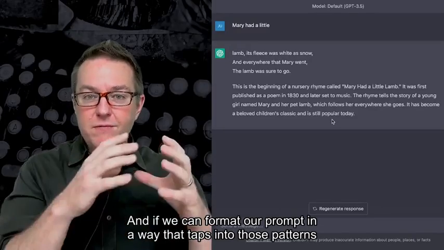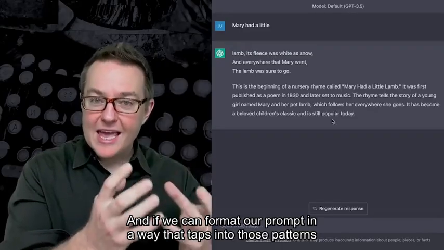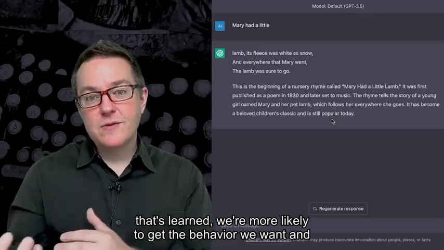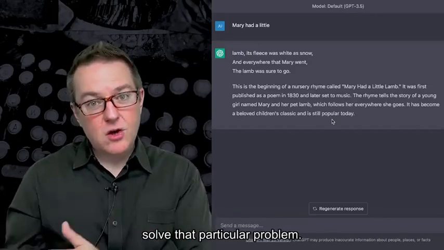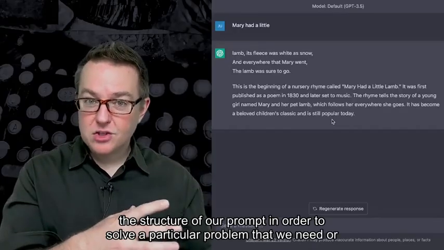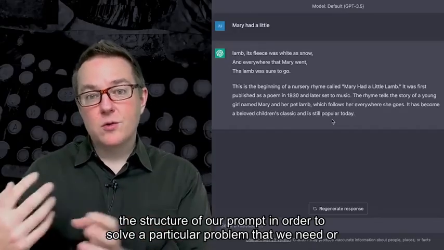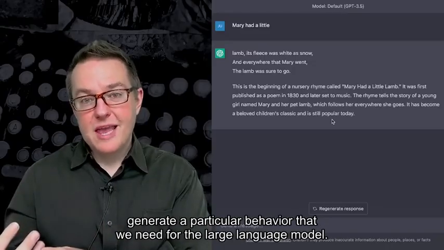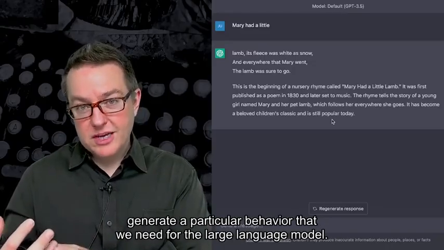And if we can format our prompt in a way that taps into those patterns it's learned, we're more likely to get the behavior we want and solve that particular problem. So we document the pattern and the structure of our prompt in order to solve a particular problem that we need or generate a particular behavior that we need from the large language model.